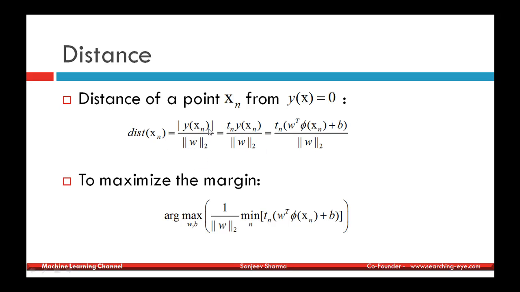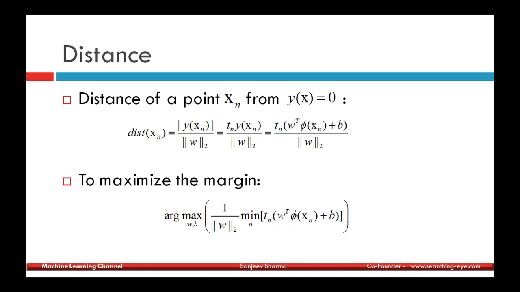We can remove the absolute value by multiplying with t_n, so that t_n y(x_n) becomes positive, and y(x_n) can be further expanded in this form. So the distance of a point from the line y(x) = 0 is given as t_n times W transpose times phi(x_n) plus b, over the norm of W.